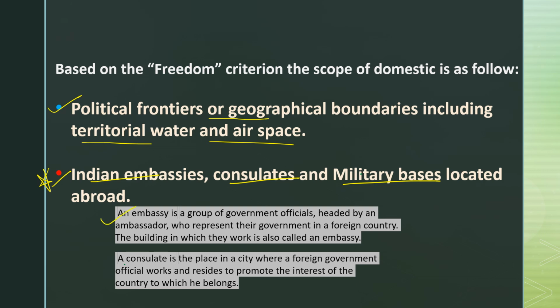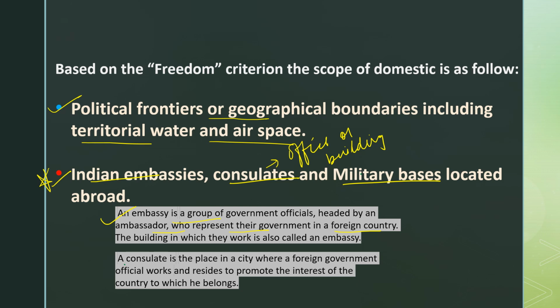Now, what is an embassy? An embassy is a group of government officials headed by an ambassador who represents their government in the foreign country. The building in which they work is known as an embassy. So it is an office; if an Indian embassy is there abroad, they are representing our government in the foreign country. Then consulate: it can be an office or a building which is used by a consul, and a consul is an officer commissioned by the government to reside in a foreign country to promote the interest of the country to which he belongs.